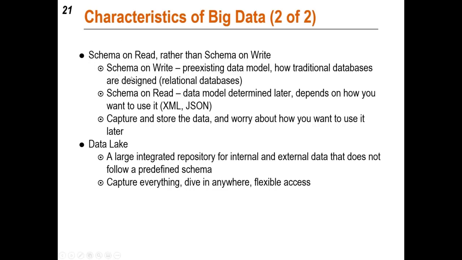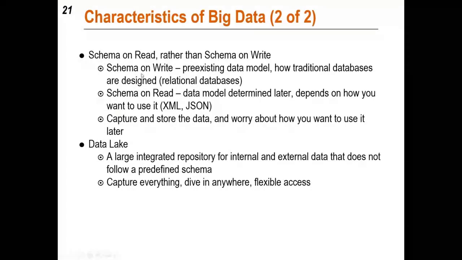So we know exactly this is the context, this is the model we're going to implement, and all the business transactions are confined into that model, right? That is how traditional or relational databases are designed. So we call it schema on write, okay?